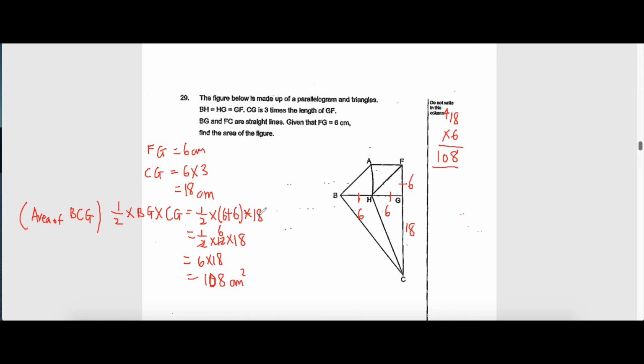Running out of space, so I'm gonna do it here. Area of, it's A. I'm gonna use eraser. AFHB. Okay?